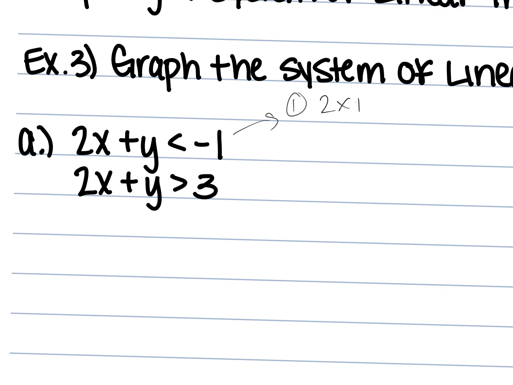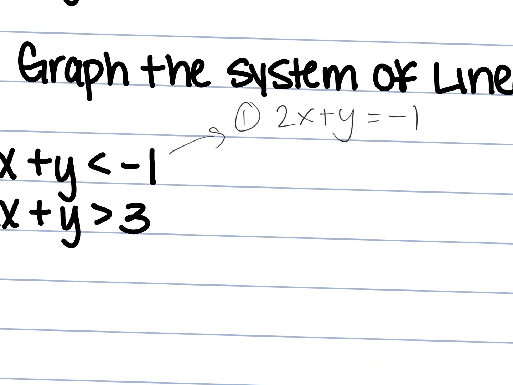So 2x plus y, change it to an equal sign and -1. Now we need to change it into y equals mx plus b. What should I do to change it? Add 2x to both sides. 2x plus 2x gives me 4x. Uh-oh. What did I need to change? Subtract 2x from both sides.